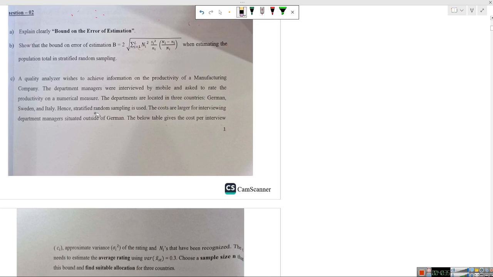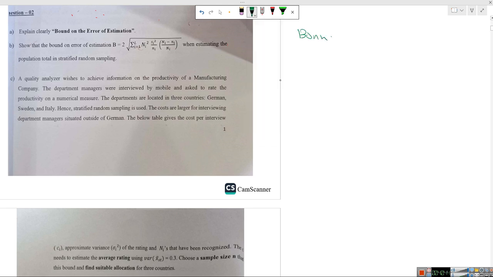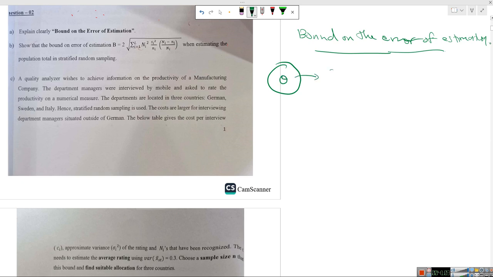Okay, so let me write down bound on the error of estimation. So now let's say we have a population and the population parameter is theta, and from the population we have a sample.